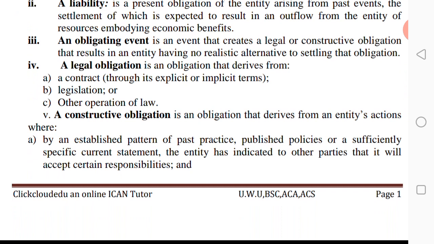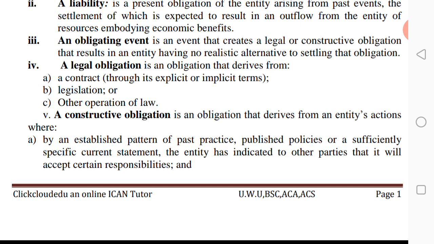A legal obligation is an obligation that derives from, first, a contract. Before you can say an obligation is legal, you can be sued in court for any obligation that you must fulfill. Remember that in business law or contract law, one party must not breach the agreement. So as long as you are in a contract, you must fulfill your obligation. With that, you have entered a legal obligation. Second, by legislation, like laws of the country.